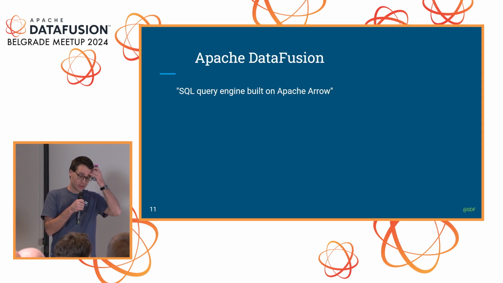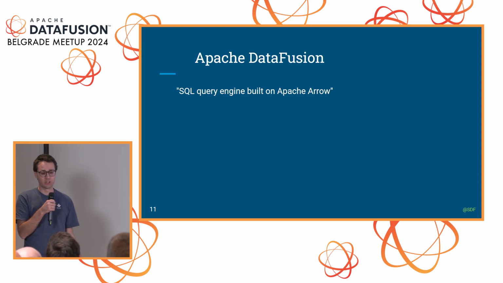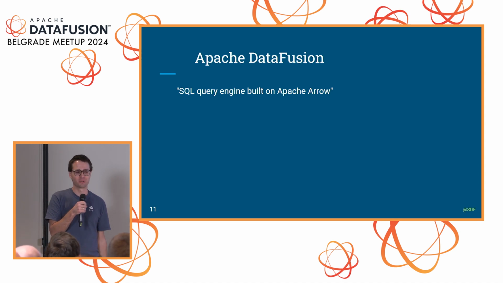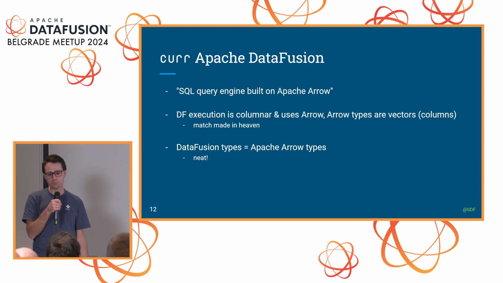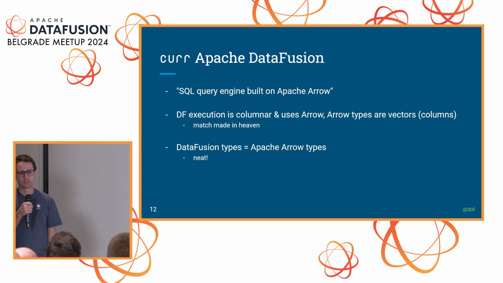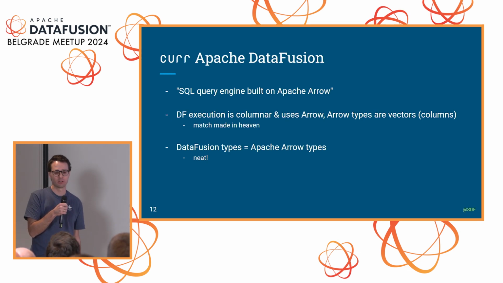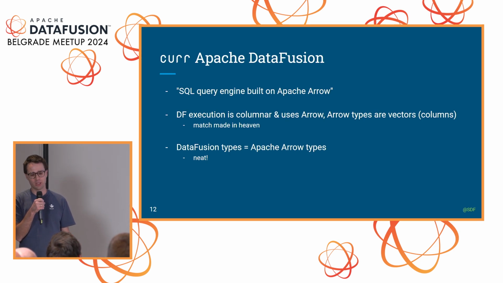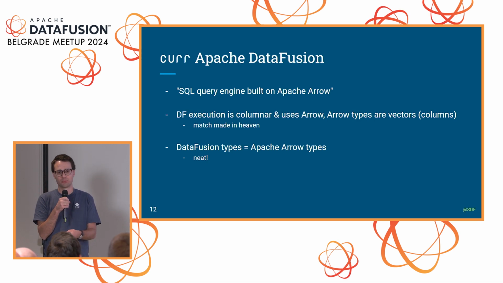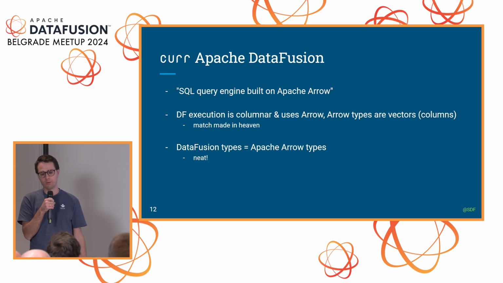Oh yeah, and DataFusion. So DataFusion, maybe we know already, is a SQL query engine built on Apache Arrow. DataFusion has, as we know already, a columnar execution engine that sits on top of Arrow.